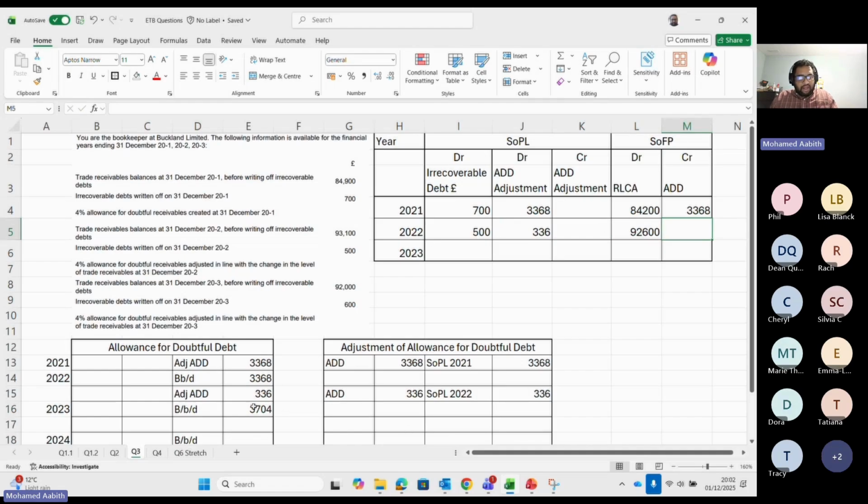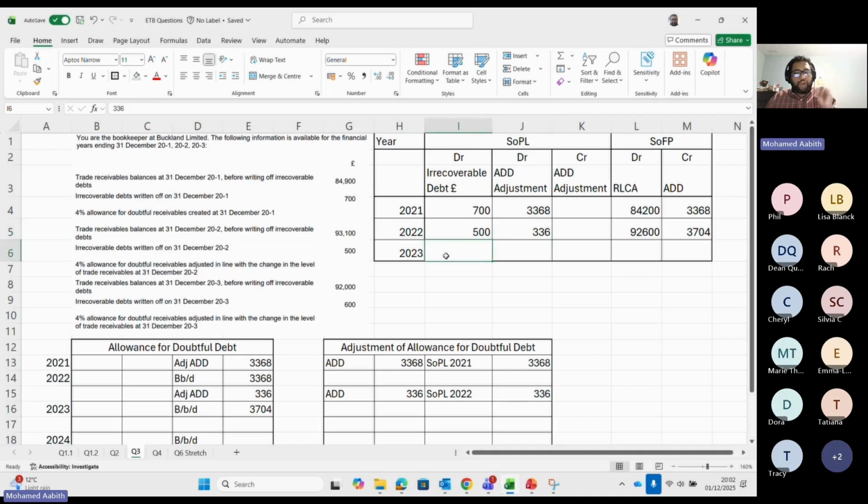That is going to be 3,704. People may ask me, oh, aren't we doing debits and credits? No, it's not that. It's just the figures. They want you to show the adjustments, what adjustment we made, and what will happen to this number once I made that adjustment. When I increase my allowance for doubtful debt, this is the adjustment I needed to improve that number to 3,704.